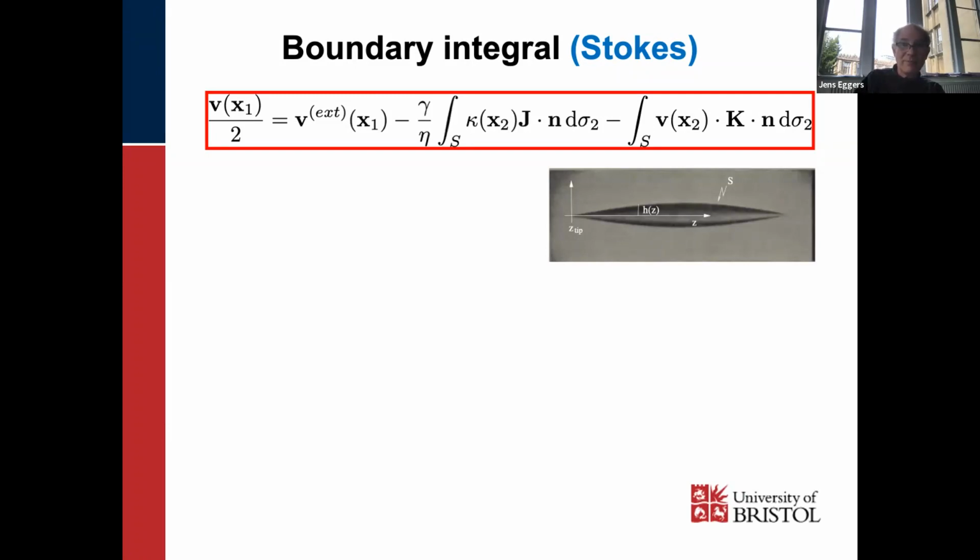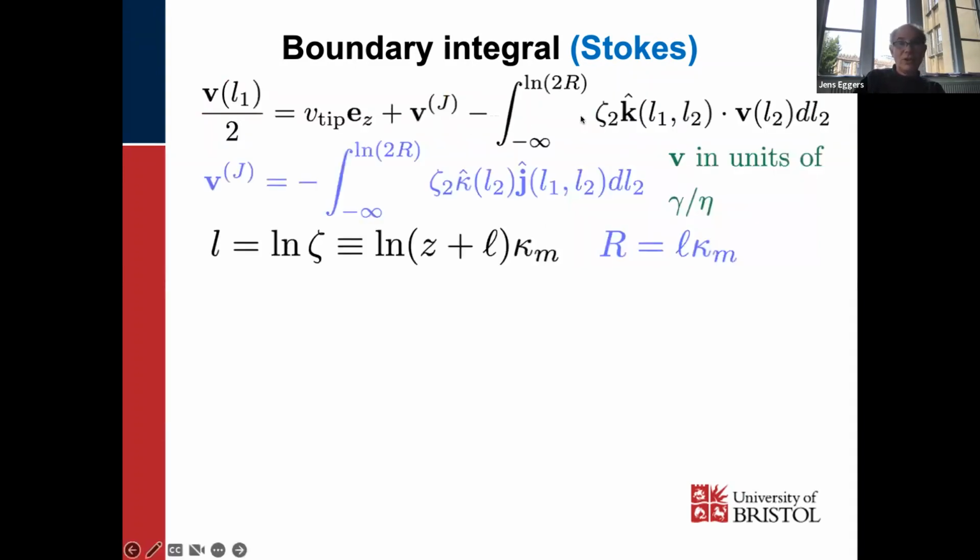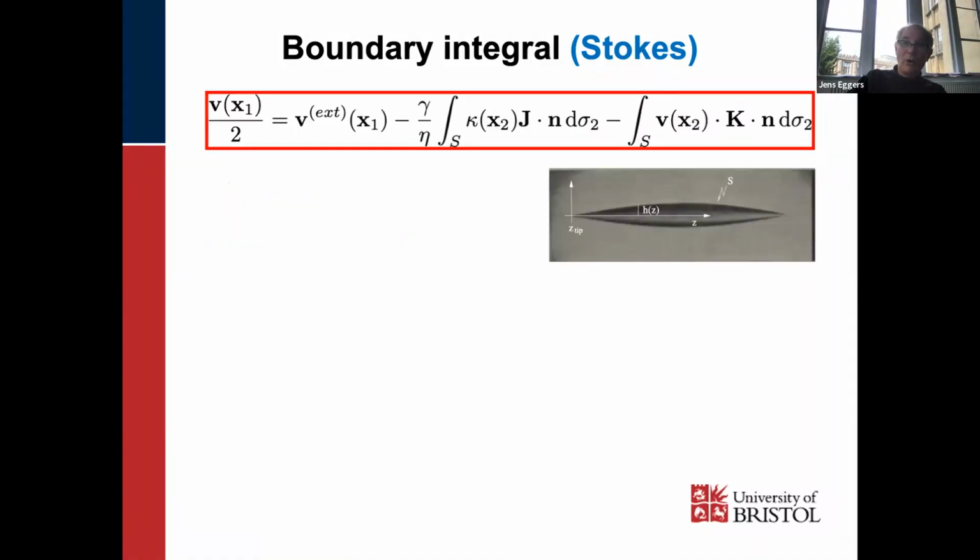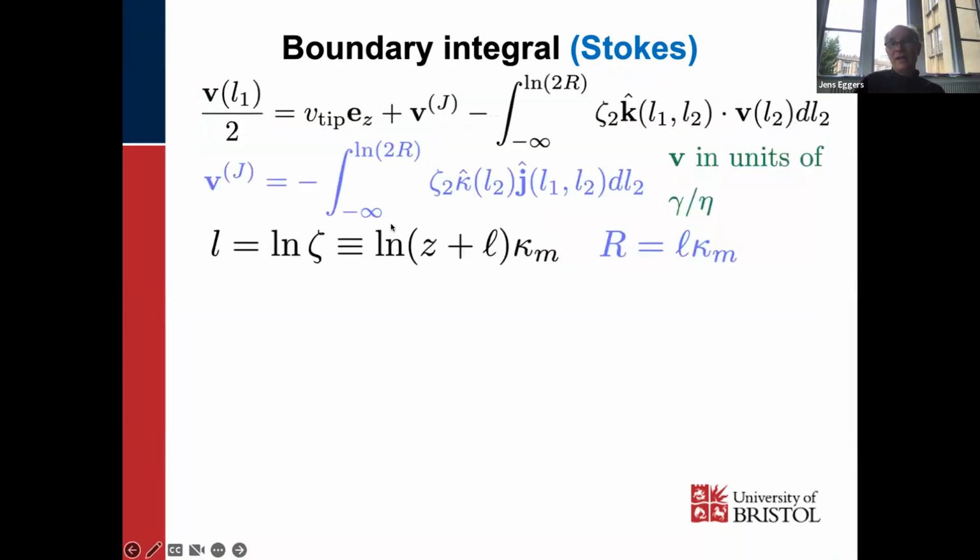But the first thing you do to solve this equation is perform an azimuthal integral over the angle here, assuming this is an axisymmetric object. So as a result, you only have an integral over the z variable.